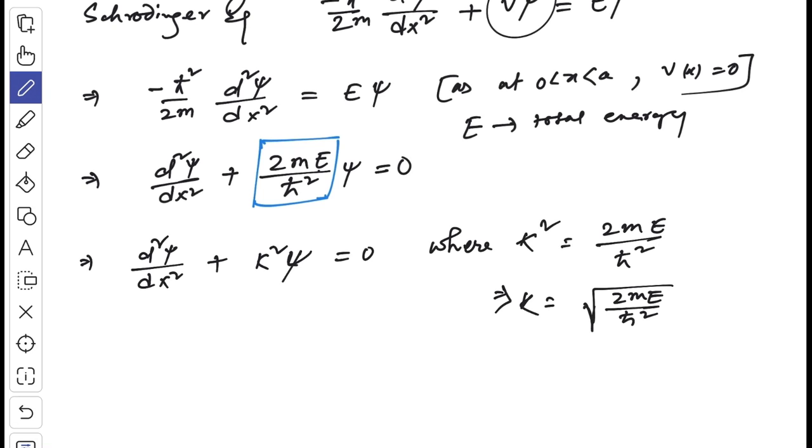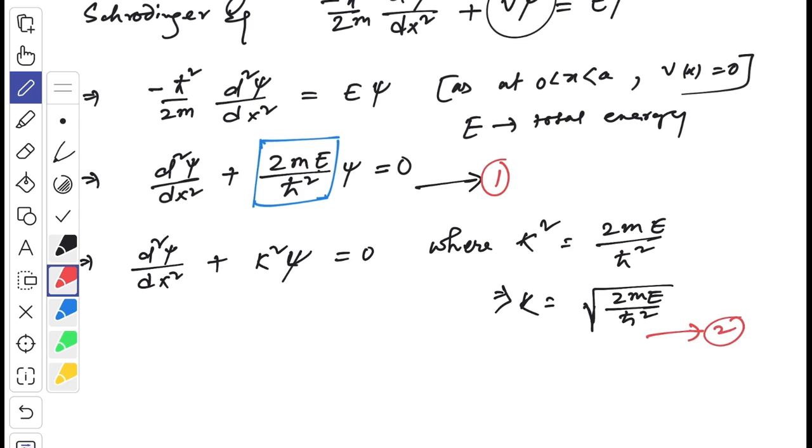Let this be equation number 2, and the previous one equation number 1.